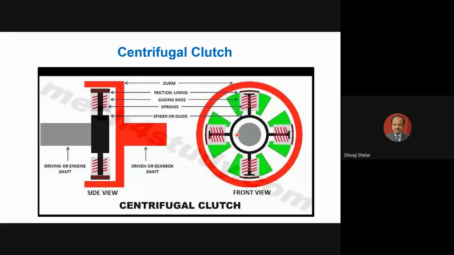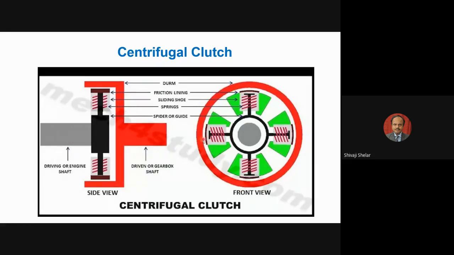So how do they move in the radial direction? When the shaft rotates at low speed, the spring force keeps the weight block very close to the shaft radius. As the speed of the shaft increases, the block starts moving away.